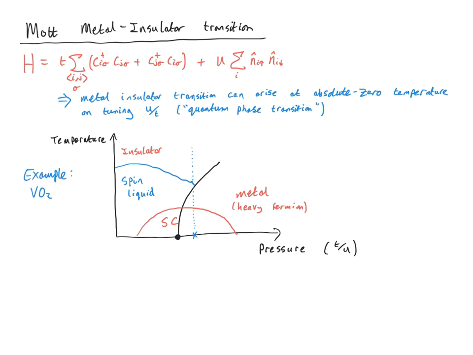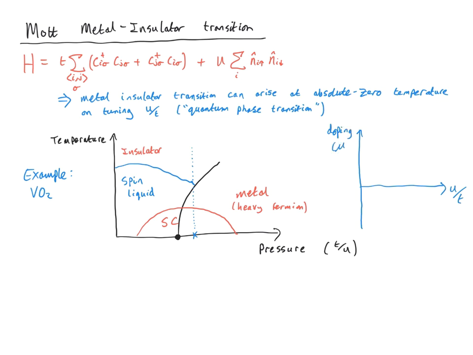One can also consider different types of phase diagram. For example, even at 0 temperature, one could think about the phase diagram as a function of U over T and doping.